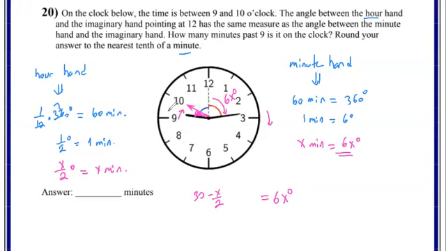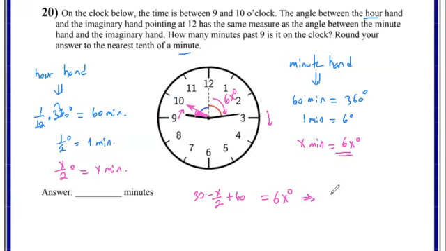If this was pointing at 9, from 9 to 10 there are 30 degrees, but since we moved this by x/2 degrees, we need to subtract that to get this guy. And I do know this piece is the same as this 60 degrees, so I need to add that 60 as well. These two have to be equal to each other, because we are told that this angle measure and this angle measure are the same. So now we have an equation that we need to solve.